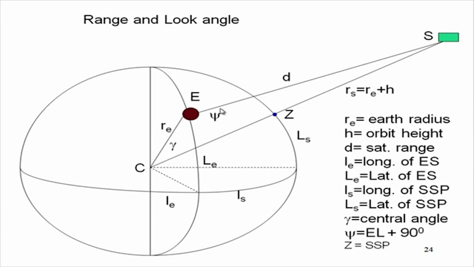Then we have angle psi, which is between C to E, that radius, and E to S, this line. If you think carefully, you will find that this psi is 90° plus some angle. From the earth station, if we put a horizontal plane, it will be 90° with the center of the earth to earth station, plus some angle. So, psi will be 90° plus that angle, which is nothing but elevation.